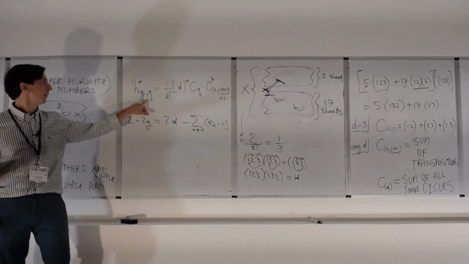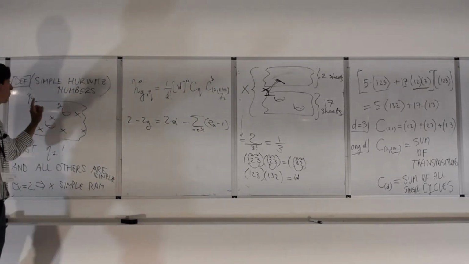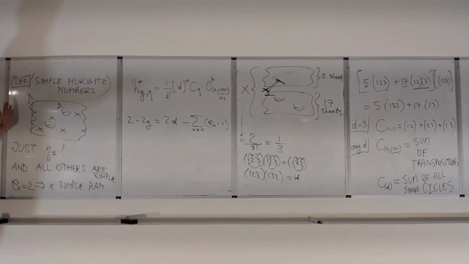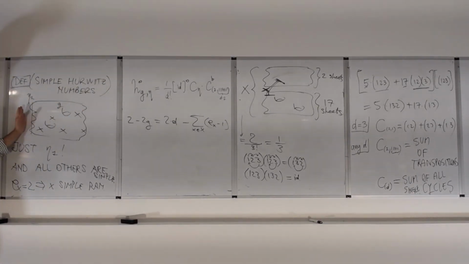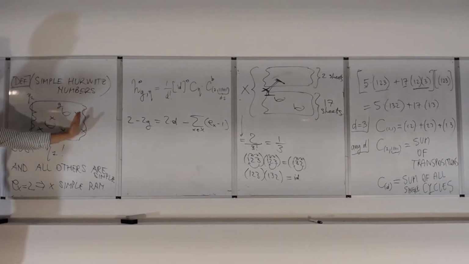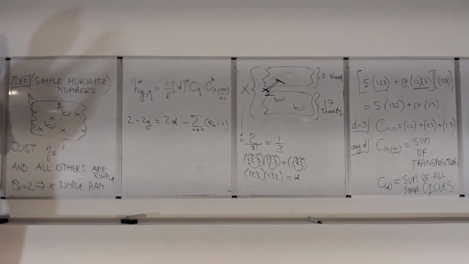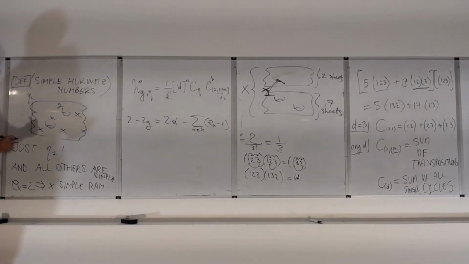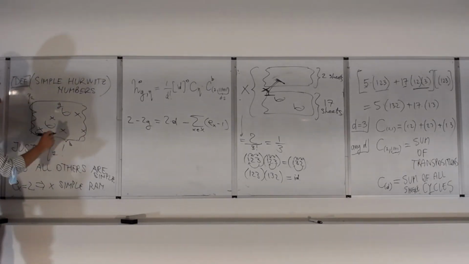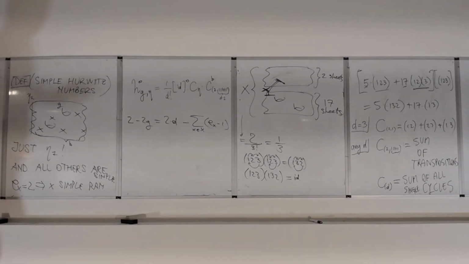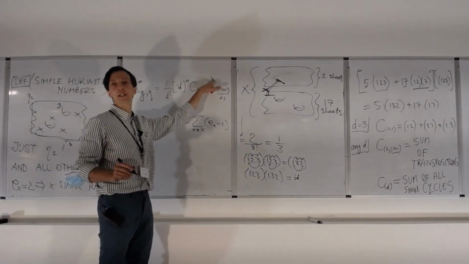Yeah. So now I'm doing simple Hurwitz numbers. The definition of simple Hurwitz numbers is that there is just one partition that does something, and all the other partitions are simple, which means 2 sheets. No. I have b of them. I'm defining b to be the number of them. So this is the definition of b.